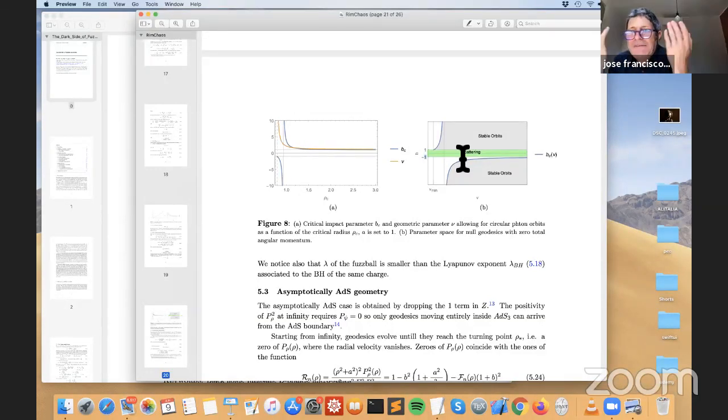Therefore, given the metric in any theory, it's very easy. One should just take the black hole solution in, let's say, high derivative gravity and see what the Lyapunov exponent is. Exactly. You just take the photon and ask yourself for which impact parameter this photon will get trapped.